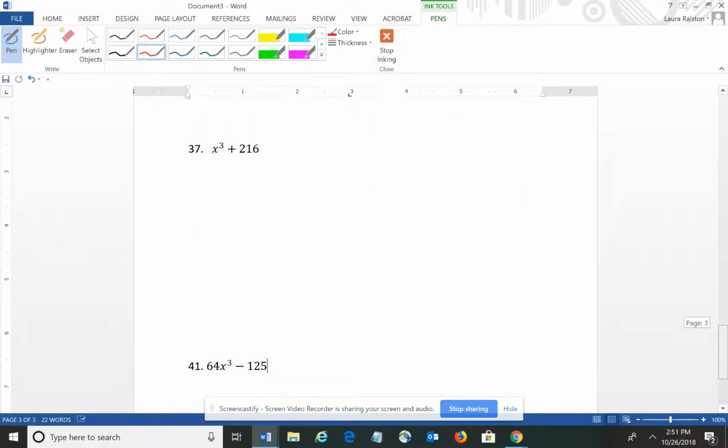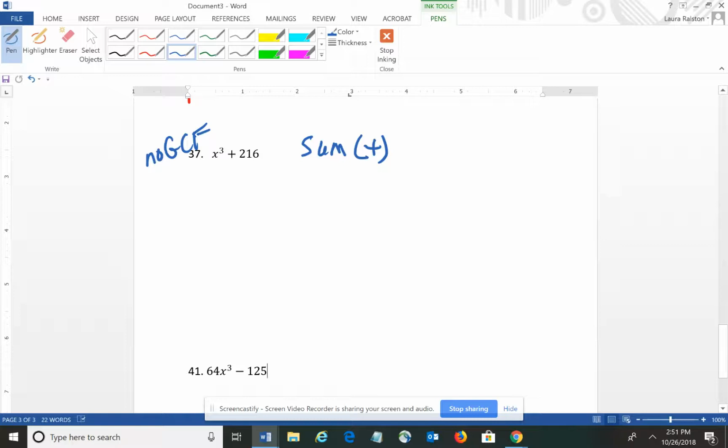Question 37, when I look at it, I notice I have an exponent of 3. I don't think I have anything in common. So this particular problem does not have a greatest common factor. But I have a cube and a plus sign. So it makes me think of the sum because I've got the plus sign, and it makes me think of the cube because I have the exponent of 3.